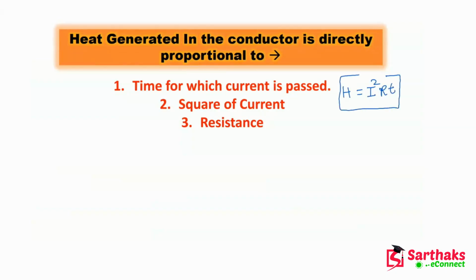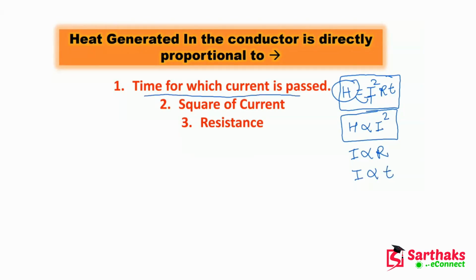So basically guys, here you can see that our heat generation is dependent on the square of the current. It is also dependent on the resistance, and it will also be dependent on the time for which current is passed.